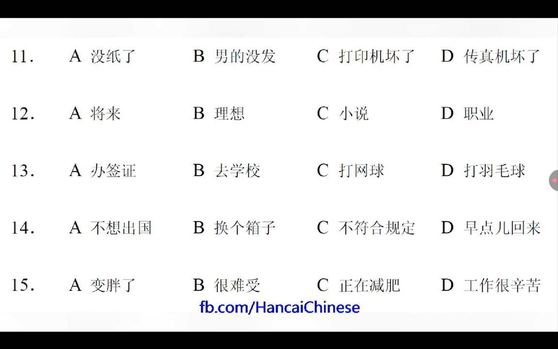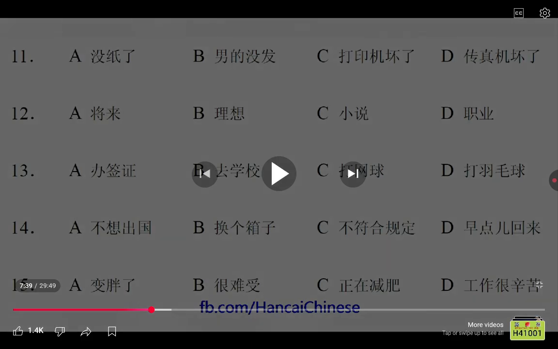For example, here is option 1. I cannot write it here, so if I say option 1, you can understand this option.